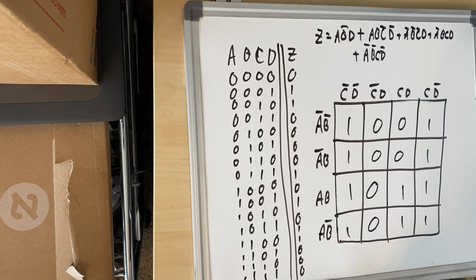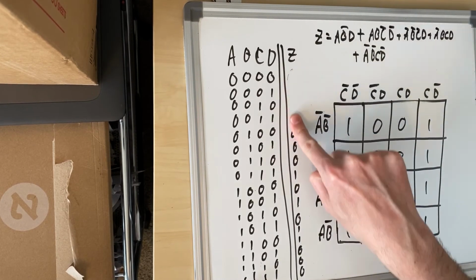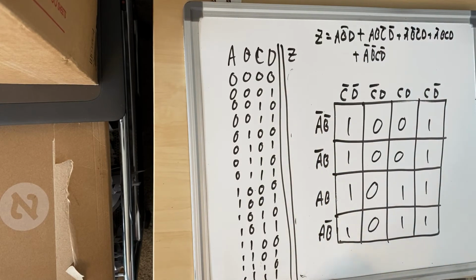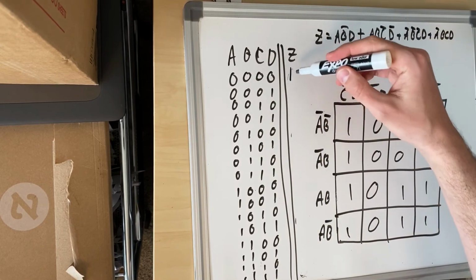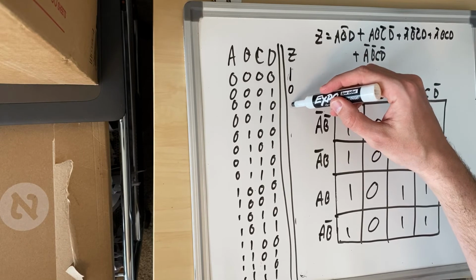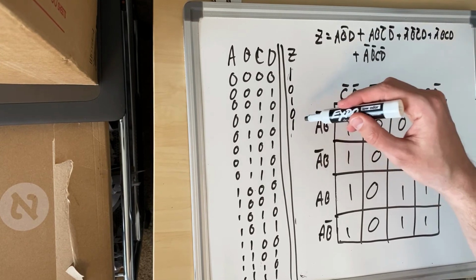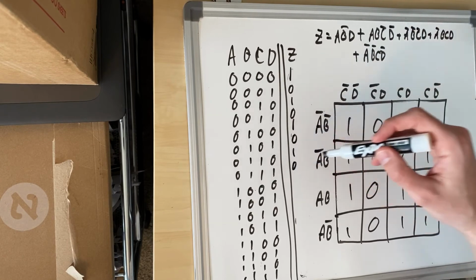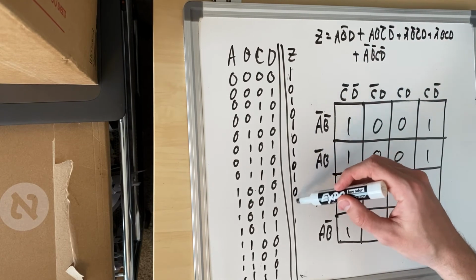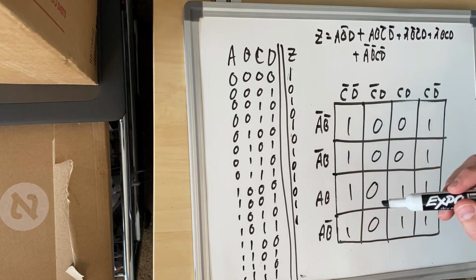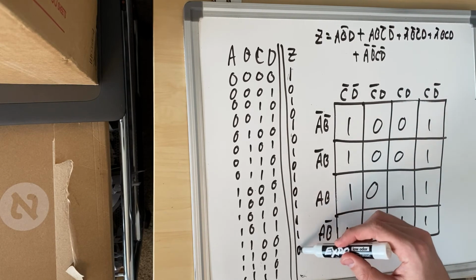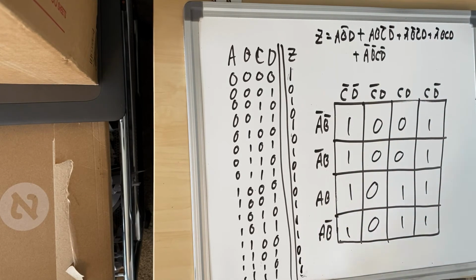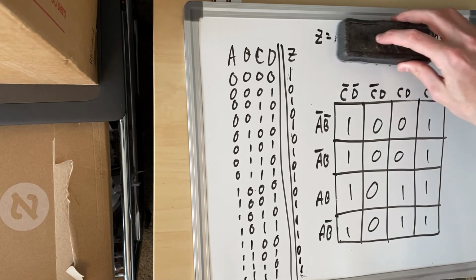Here you can see we have a bunch of groupings. We would have to correlate to what this would look like over here. This would just be 1, 0, 1, 0, 1, 0, 1, 0, 1, 0, 1, 1, 1, 0, 1, 1. And now what we want to do is get the simplified equation for this guy.